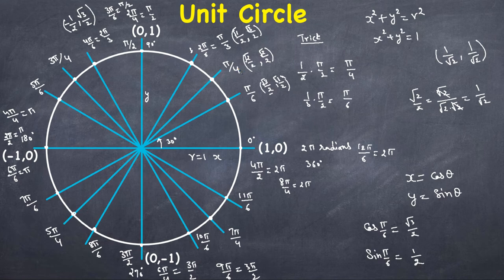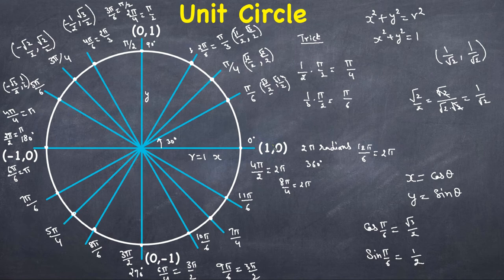This is a positive x value; here it's going to be a negative x value, negative root 2 over 2, but the y value stays positive in the second quadrant. And for this point, 5 pi over 6, the same values but with a negative x value: negative root 3 over 2 comma 1 over 2.